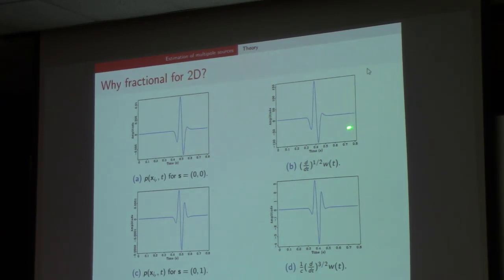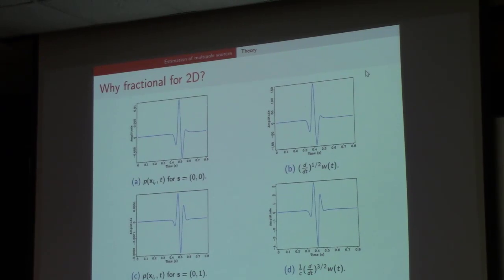Aside from an issue of scaling, the scale is not quite right, but the general waveform is there. Same thing for the other case. So here's a 3/2 derivative of the Ricker wavelet. Again, aside from scaling and perhaps a little bit of a time shift, the waveform overall is similar.